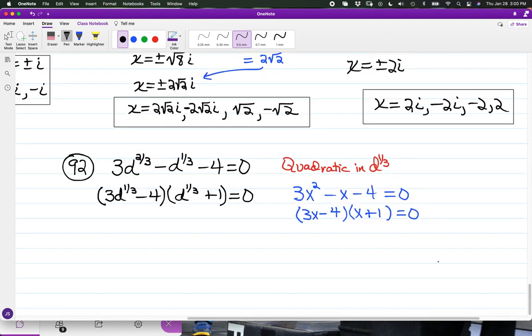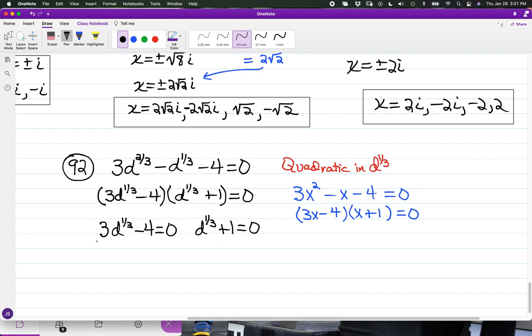So these are analogous to each other. Now, with these factors, I can utilize the zero product property and set each of the factors to 0. So in the first, I have 3d to the 1/3 minus 4 is equal to 0, along with setting d to the 1/3 plus 1 equal to 0.